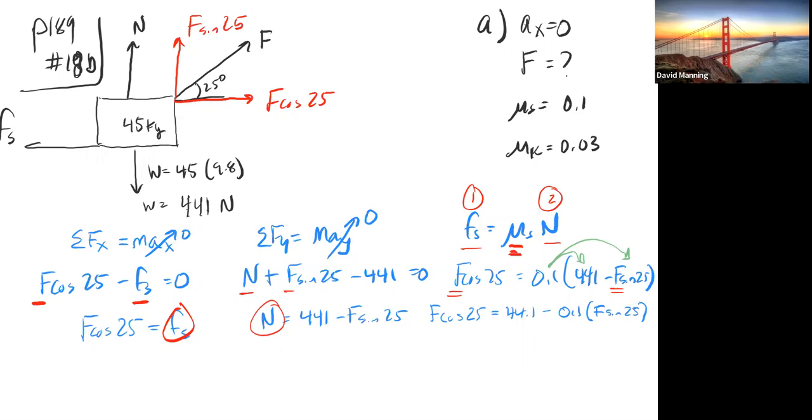Next, I'm going to group like terms, so I add 0.1 times F sine of 25 to both sides. That gives me F cosine 25 plus 0.1 times F sine of 25 equals 44.1, because remember I added them.